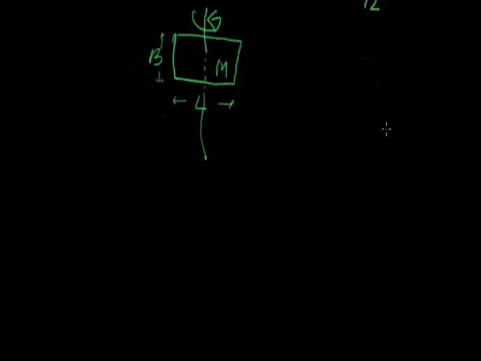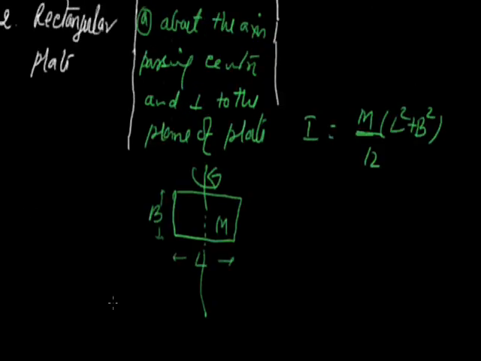This way we can find the moment of inertia about any axis passing through the corner of the plate and perpendicular to the plane. We want to find the moment of inertia number 2 about this axis.